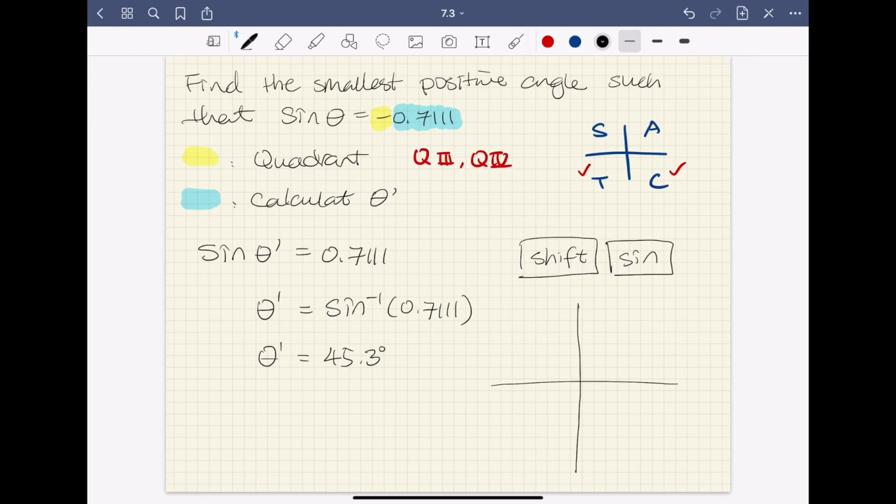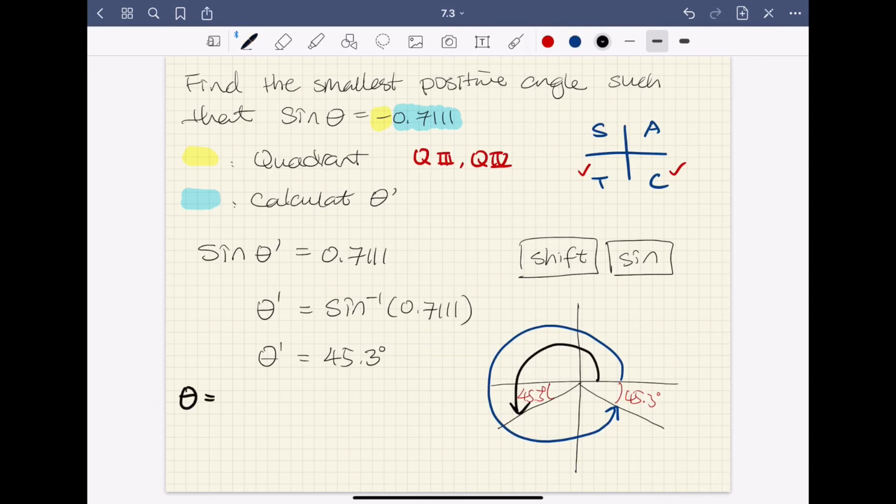We know that it's in the third or fourth quadrant, so it'd be here or here. And the reference angle is 45.3, 45.3. So our actual angle is this one or this one.